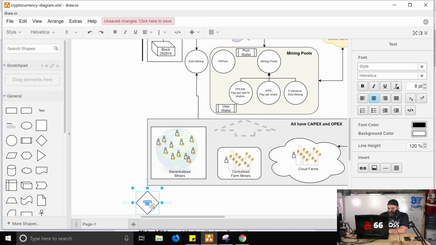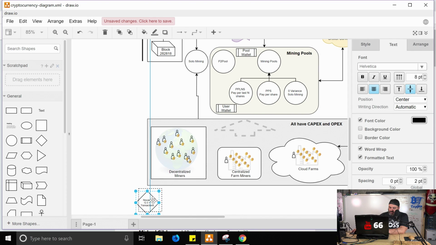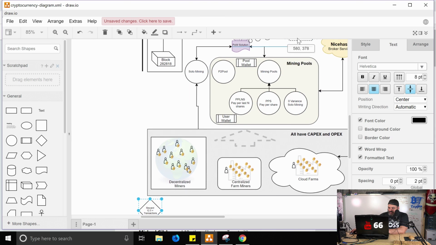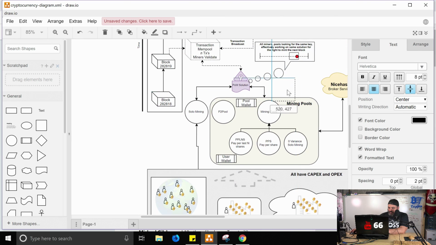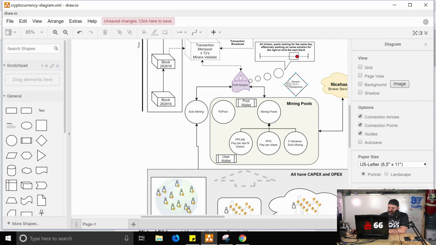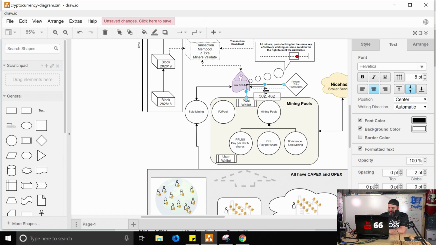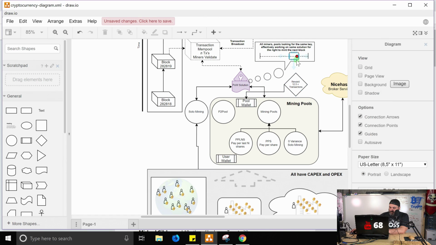So it's the reward of 12.5 plus transactions, plus the transaction fees, right? That's the reward from solving that solution, which is then paid back to the pool's wallet, right? Because this is found.